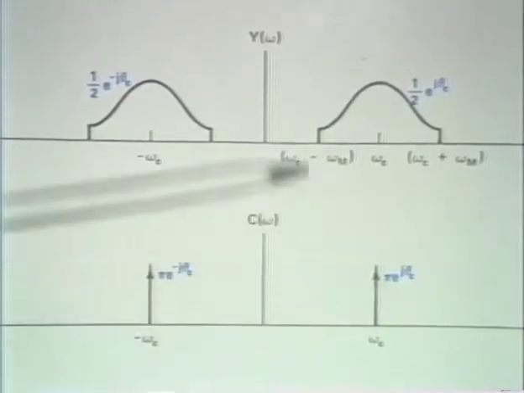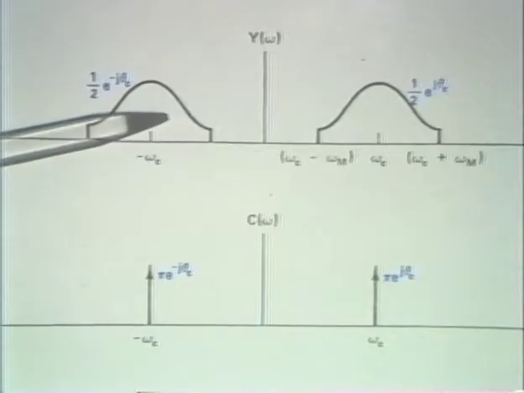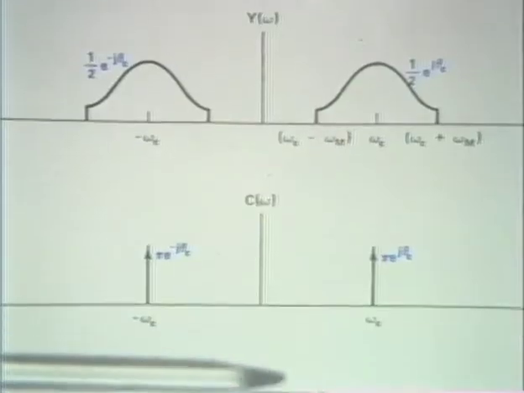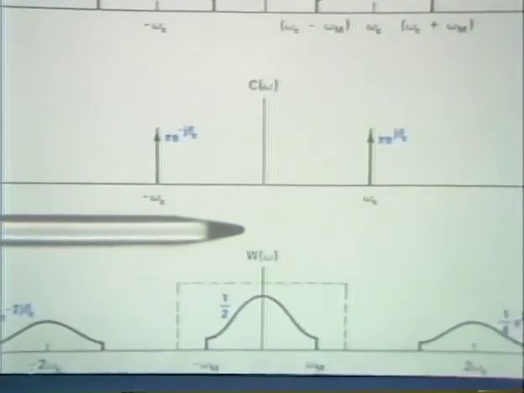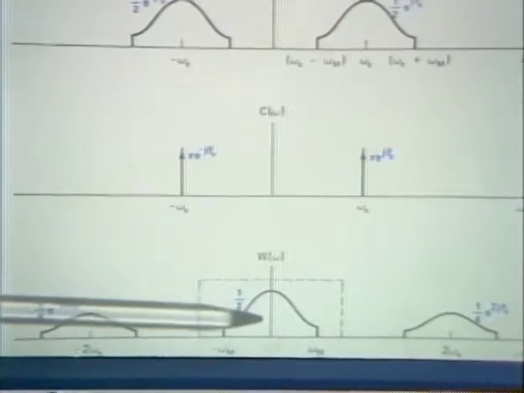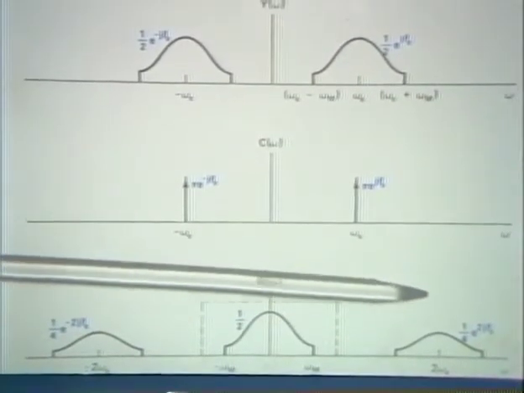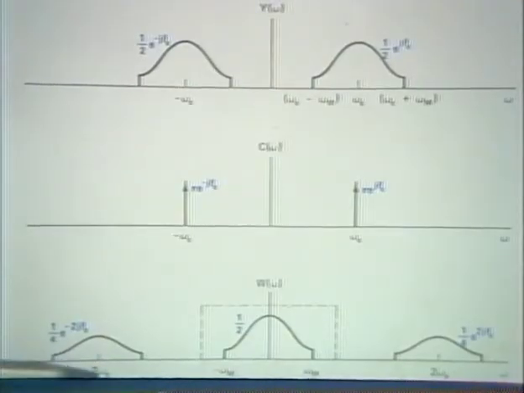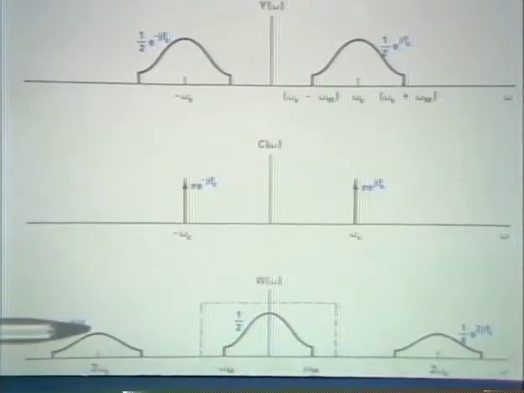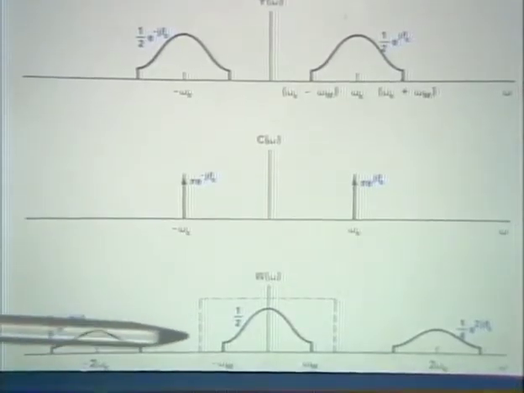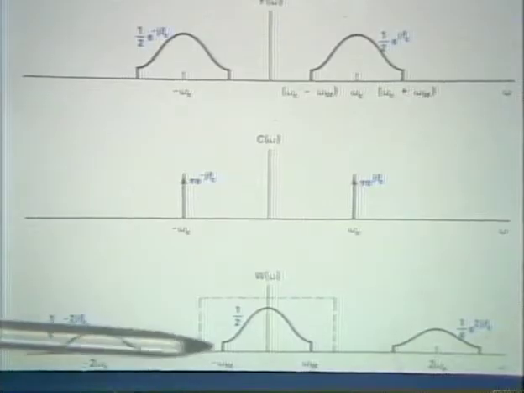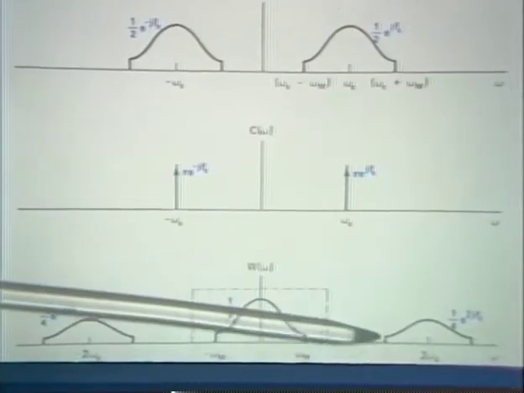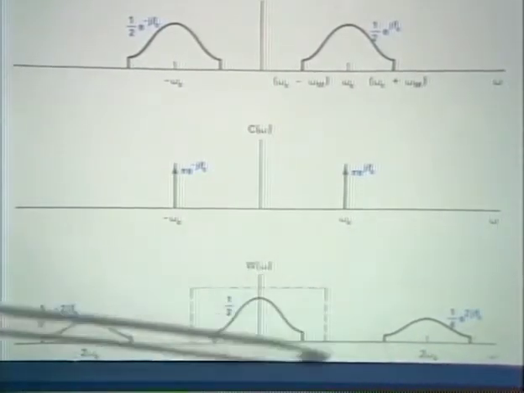If you track through the convolution, which is fairly straightforward, what happens is you end up with a composite spectrum, which is what I've indicated on the bottom curve, and has in effect the spectrum of the original signal x of t replicated in three places. One is at minus 2 omega sub c, one is around the origin, and one is shifted up to twice the carrier frequency. Well, it's this piece that we want.